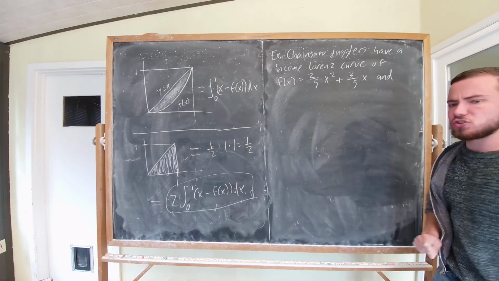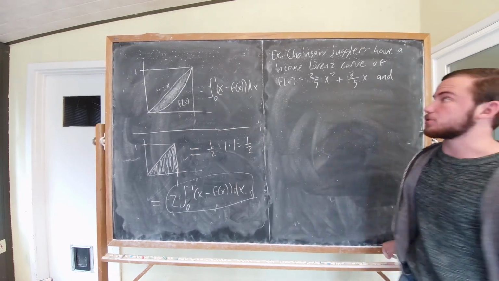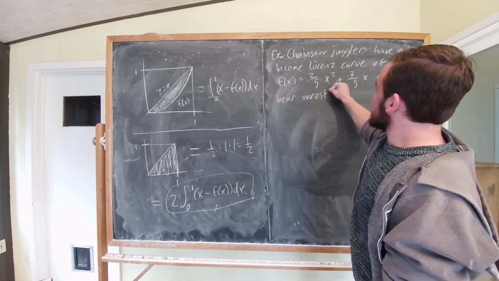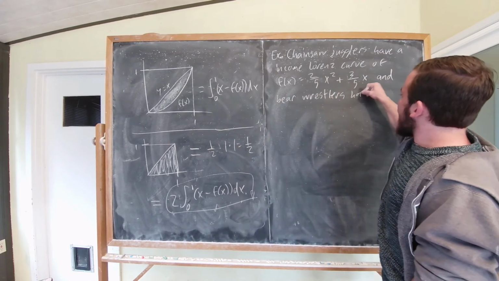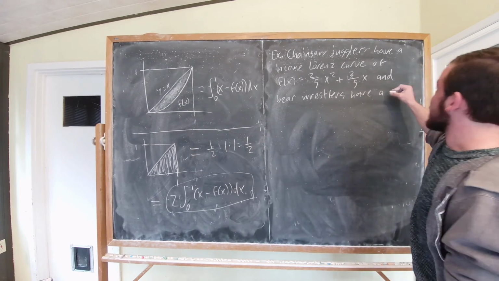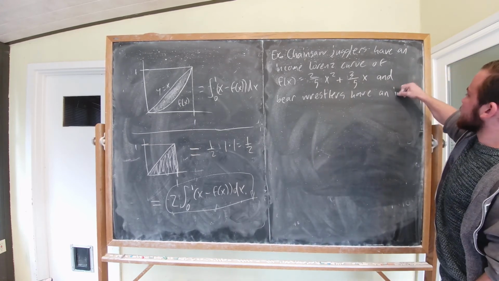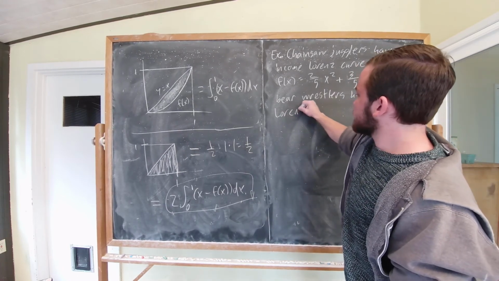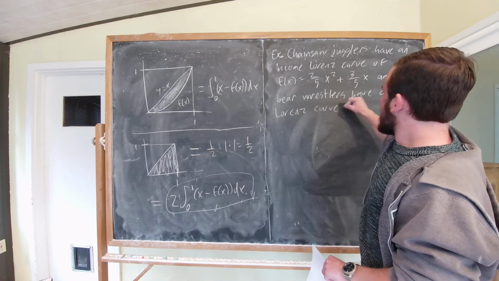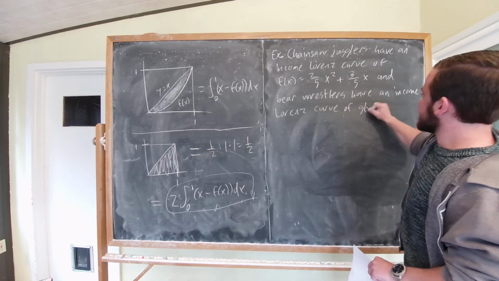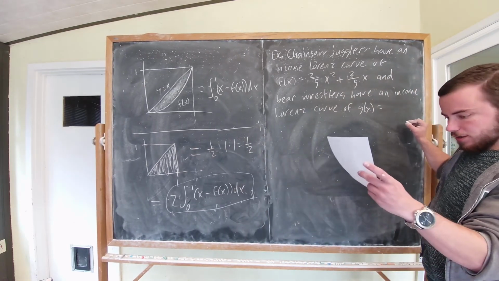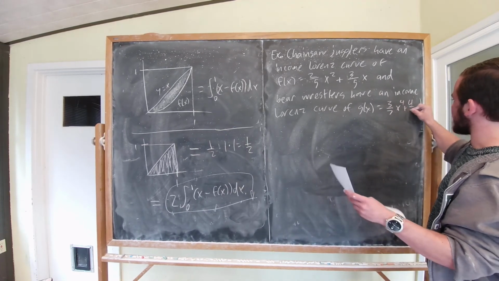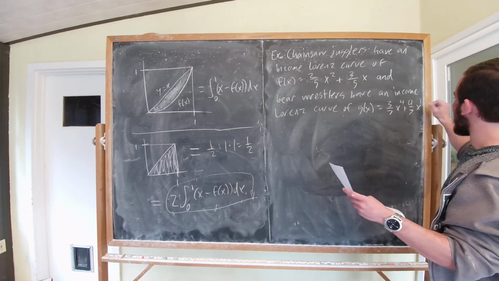And what's another strange profession? Bear wrestlers. And bear wrestlers have an income Lorenz curve of g of x equal to 3/7 x to the 4th plus 4/7 x.